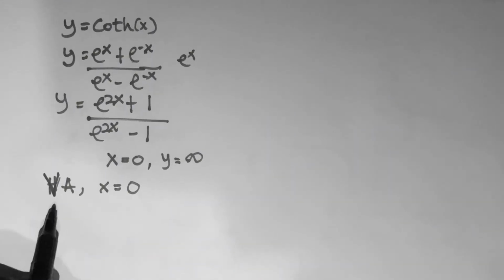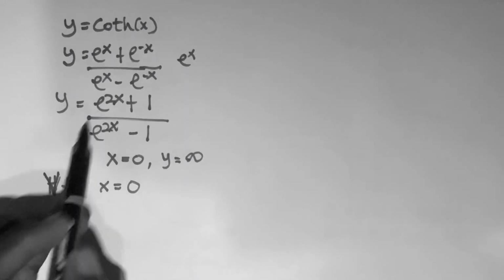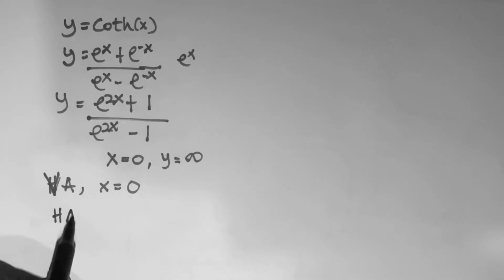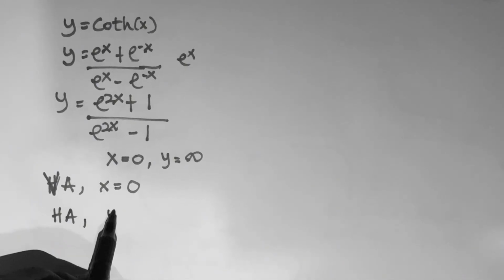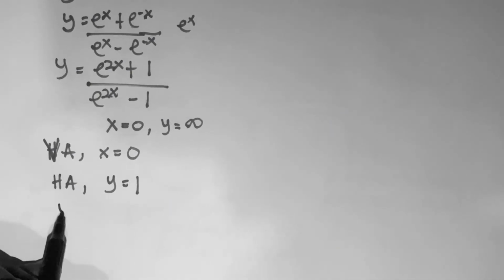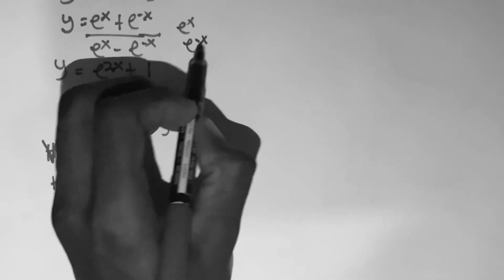And then, let's talk about the horizontal asymptotes. So the highest power here is equal to the highest power here. And therefore, there is a horizontal asymptote at y equals 1. And then now, let's multiply by exponent minus x.